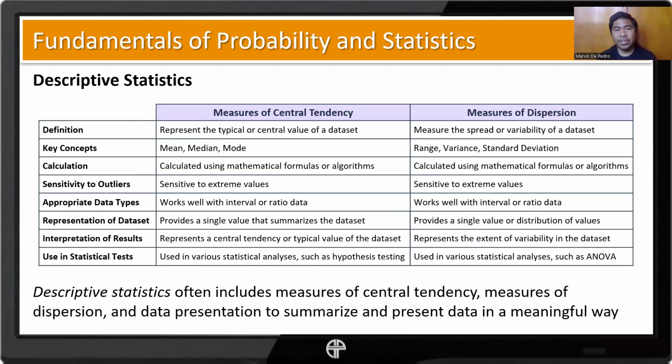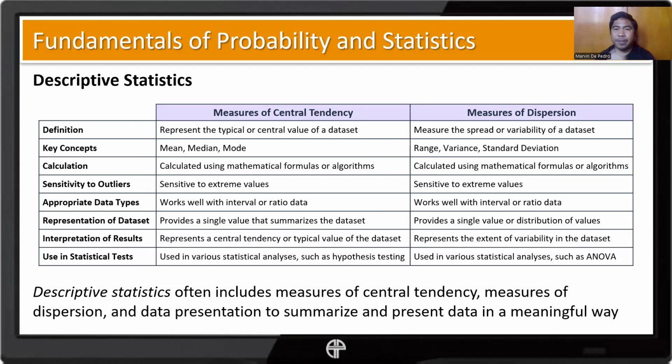In statistical tests, we use this in various statistical analyses, especially in hypothesis testing. Before you can do inferential statistics, you need to do descriptive statistics. Both measures of central tendency and dispersion are performed before inferential statistics, because descriptive statistics often includes these two to summarize and present data in a meaningful way, like whether the data set is normal or not.